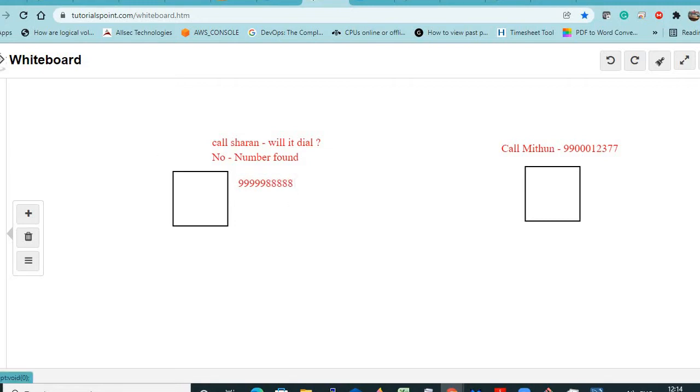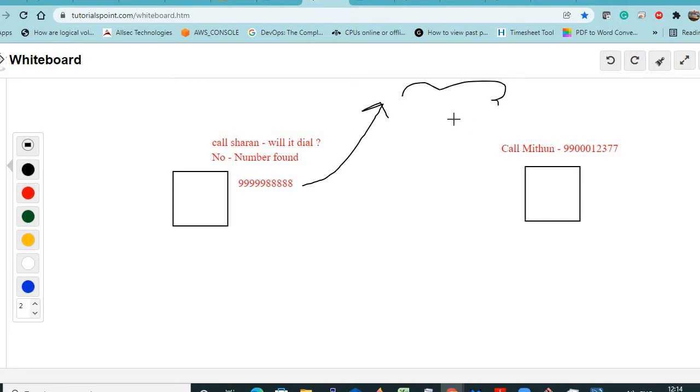Then it will reach the network provider, and from there it will reach Sharan's mobile, because this identity is unique. If this number belongs to Sharan, it is only a property of Sharan, so nobody else will have the same number.